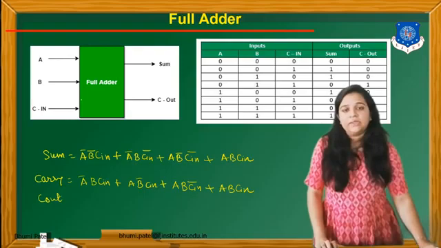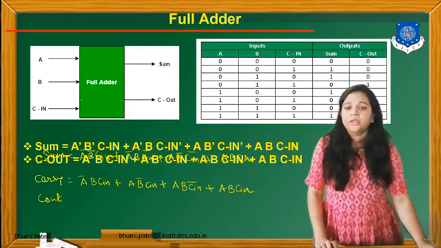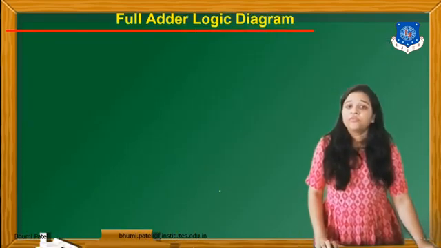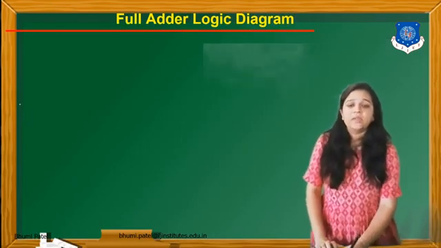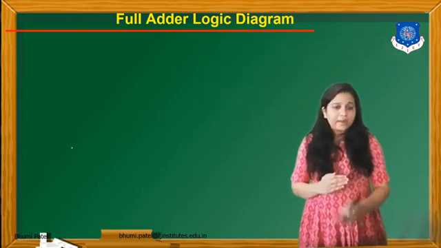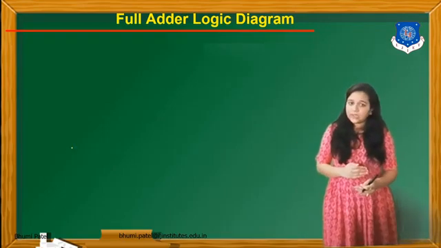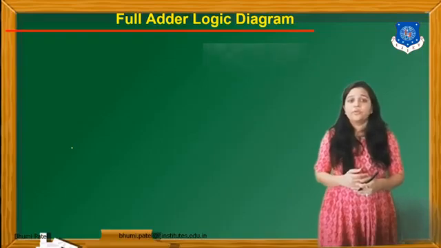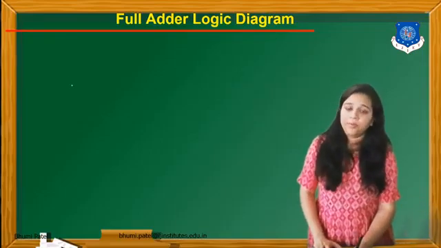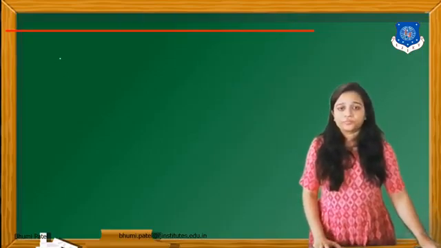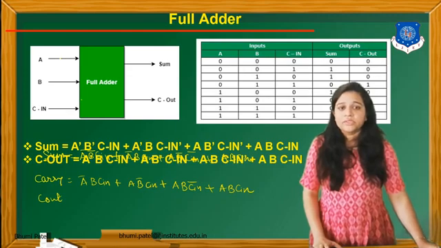Now the next is we have to draw the full adder logic diagram. Okay, so what is the full adder logic diagram? Simply we have to draw it using the AND gate and OR gate. So first of all, the sum is equal to A bar B bar C in.